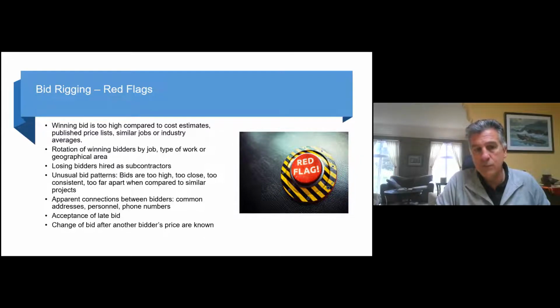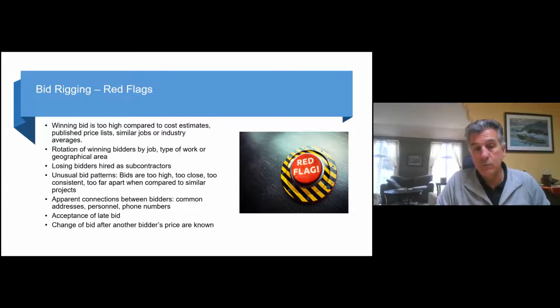Another red flag might be rotation of winning bidders based on the job, the type of work, or the geographical area where the work takes place. Losing bidders are sometimes hired as subcontractors. That would certainly be a red flag. Unusual bid patterns, where bids are too high, too close, too consistent, too far apart when compared to similar projects.